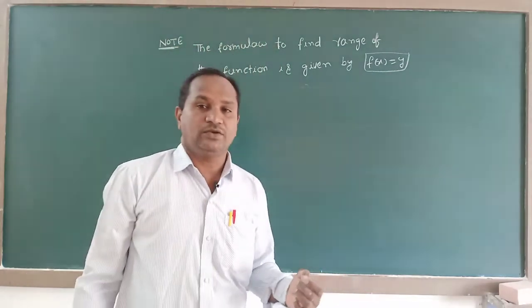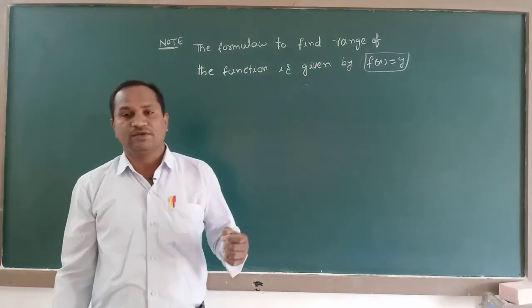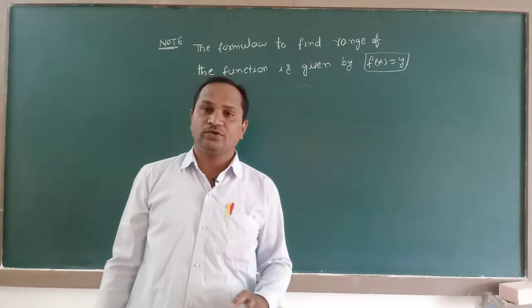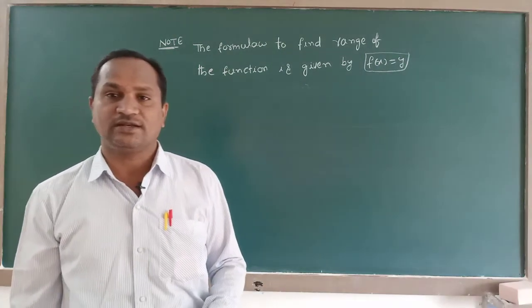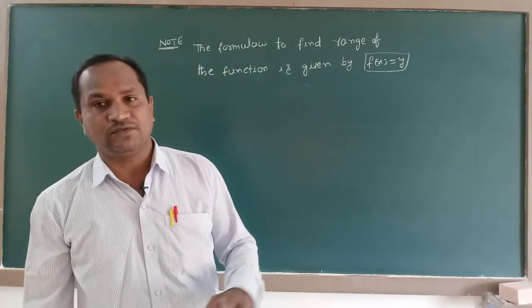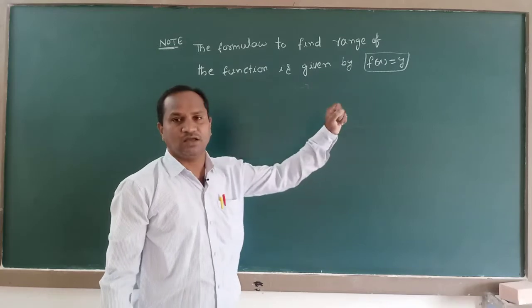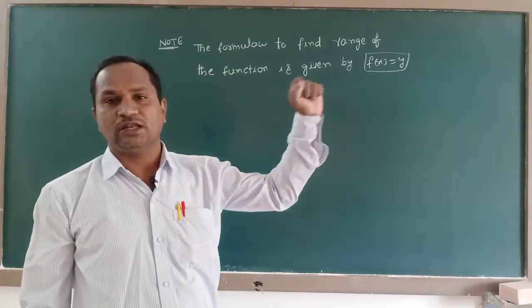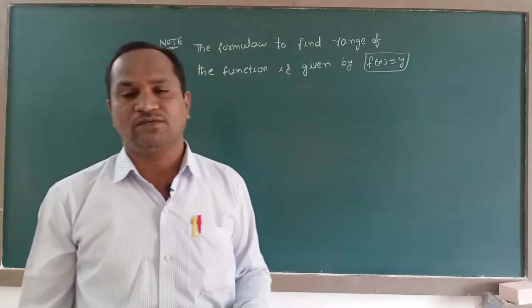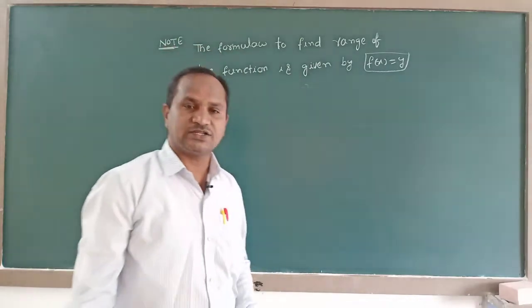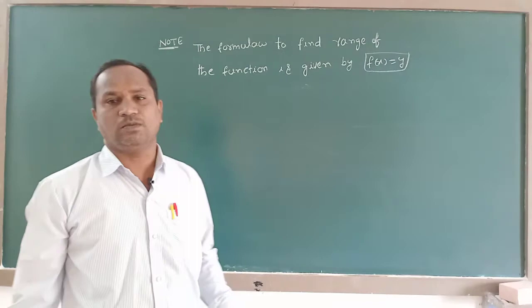But where you find difficulty is when you are finding the range; at that time only it is difficult. It is not difficult, you just have to remember that formula f of x is equal to y. With the help of that formula we can easily find the range of the given functions. Now let us solve such problems.